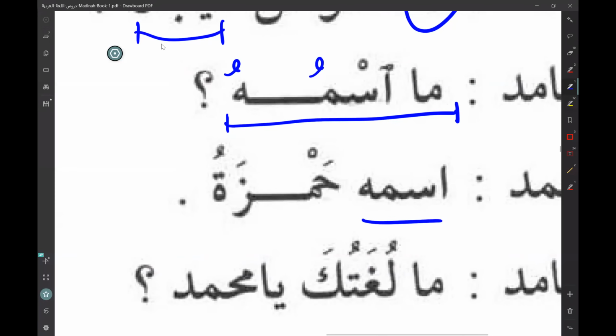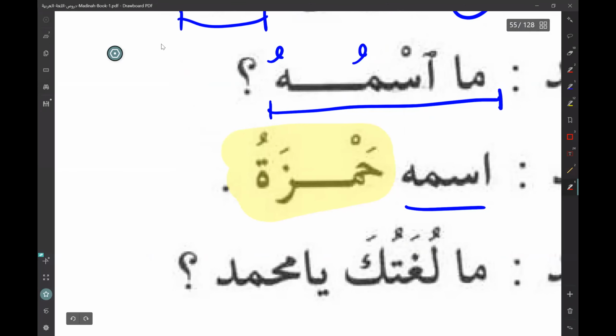A few questions here. This word. Number one, the word has a tamarbuta. What did we say about tamarbuta? When something has a tamarbuta, what does it indicate? Female. Yes. When you have a tamarbuta, it indicates female. And remember what I said, it is 99% of the time, right?